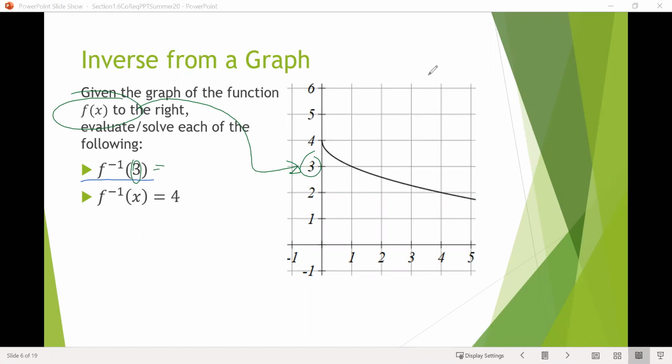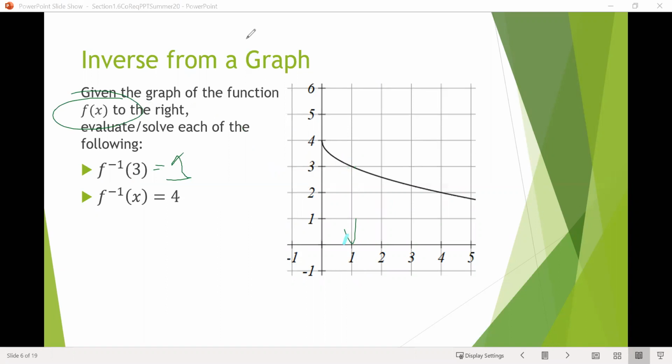So we go over to the graph. We see that it corresponds to this point, which then corresponds down to this input value. So we see that f inverse of 3 equals 1. Again, the reason for that is for the original function f, 3 is the output, and we had to find the corresponding input. Whew, a lot going on there, right?